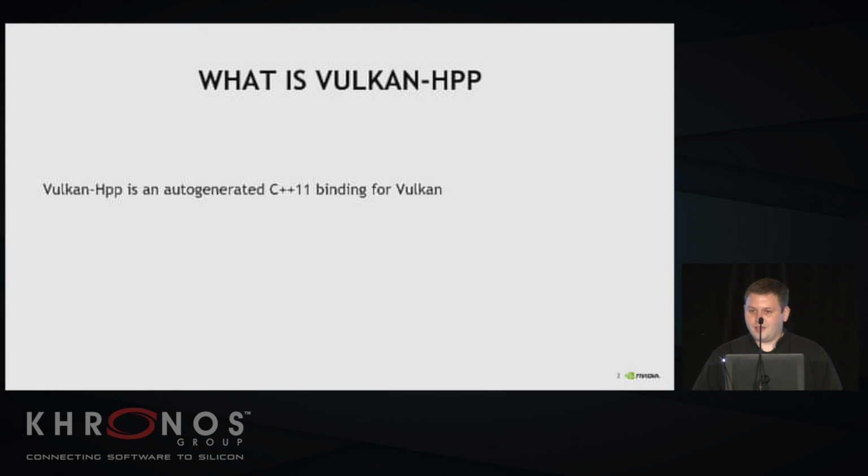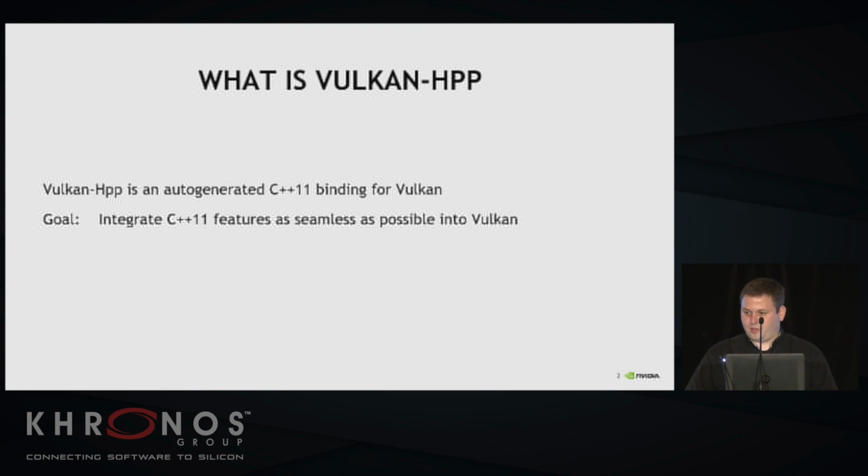Essentially, we have been able to make an auto-generated C++11 binding for Vulkan. Each time a new spec comes out, we run our generator, and we have the new Vulkan C++ API. The goal is to integrate features you find in C++11 as seamlessly as possible into Vulkan to give you the feeling of a C++ developer, but giving you all the performance and low-level stuff you get in Vulkan.